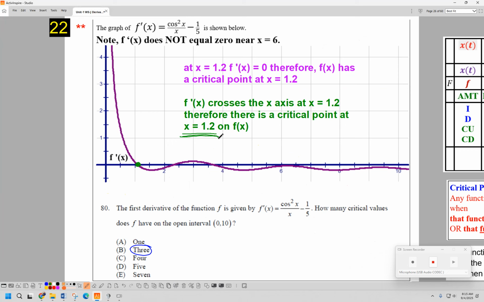Oh yeah, please, Trevor. Is there an easier way to be able to tell if it hits 0 or not? Because some of them, like near 6 and maybe 9, it looks kind of hard to tell. That's a good question, Trevor. They will not give you an AP test question where you don't have the ability to clearly decide.